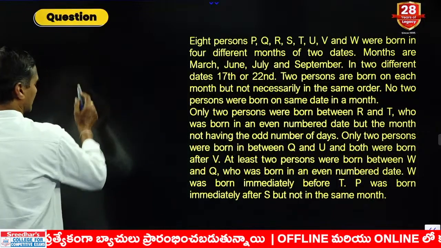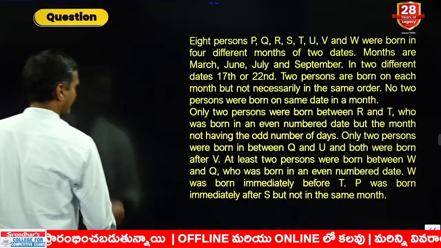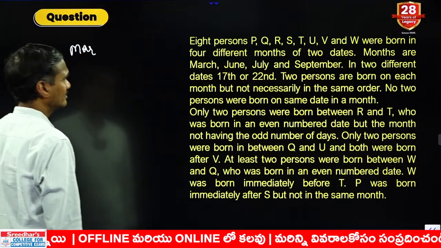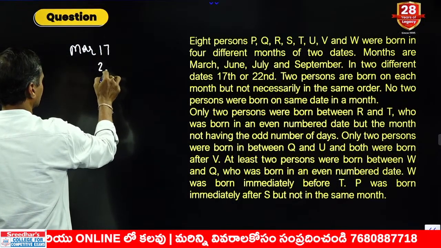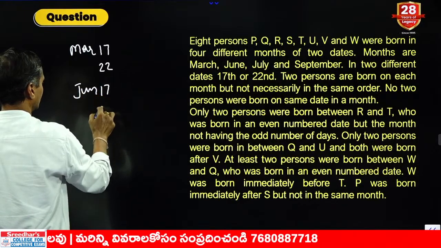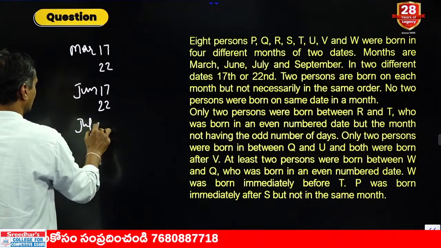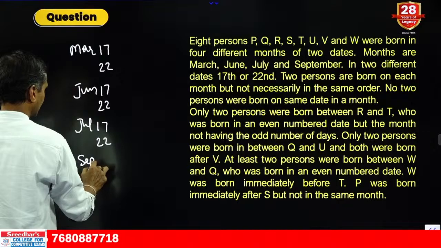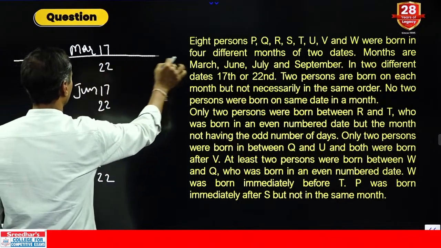What are the dates we have? 17th or 22nd. March 17, March 22nd. June 17, June 22nd. July 17, 22nd. And September 17, 22nd. Now 8 persons on these 8 different dates.